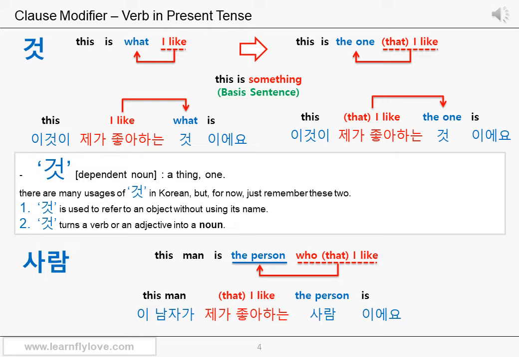Because we told you that the one indicates an object already, a thing, okay? So we didn't have to add anything to this because the translation of this, 이것, already contains the word 것, which means a thing, okay? Very good. We're gonna learn something like this more, don't worry.